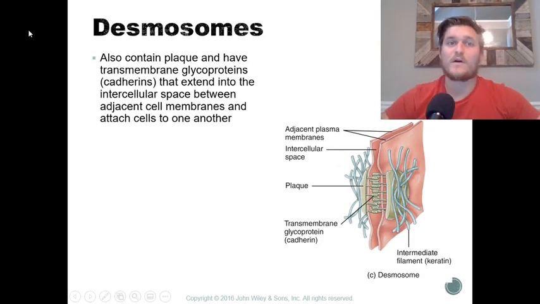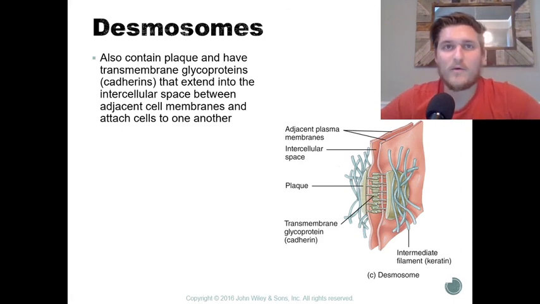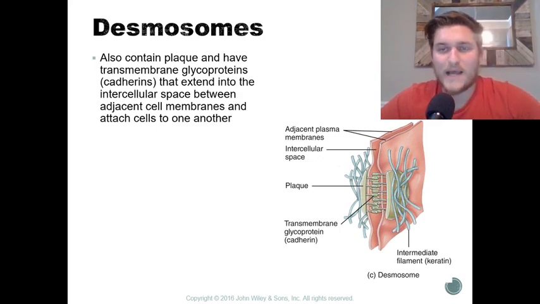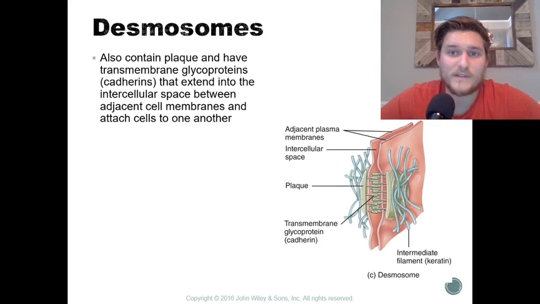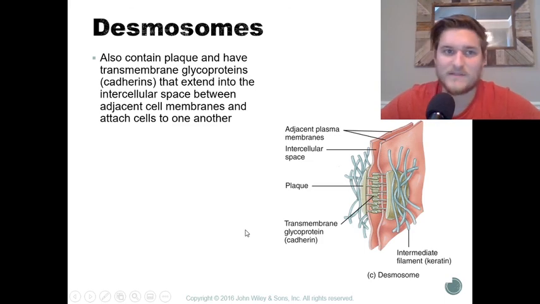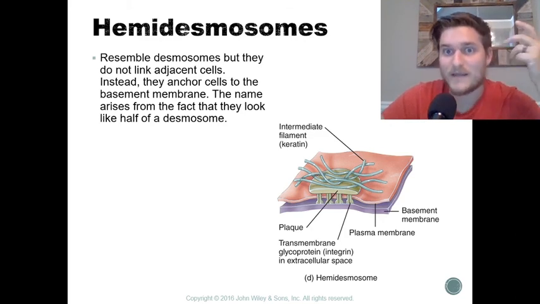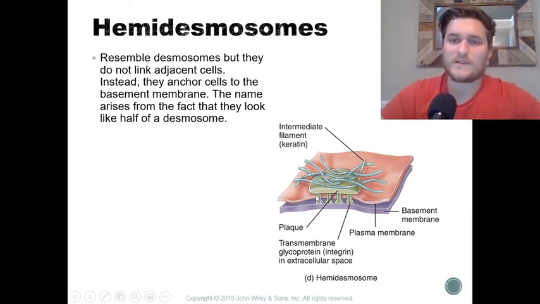We also have what's called desmosomes, and just as adherens junctions had these actin filaments to help bind the two cell membranes together, desmosomes are also going to contain plaque, but they are going to have intermediate filaments instead of actin filaments. Hemidesmosomes are a lot like regular desmosomes, but instead of connecting two adjacent cells together, they're actually just going to connect a cell to a basement membrane.